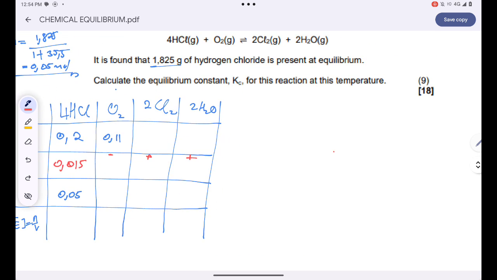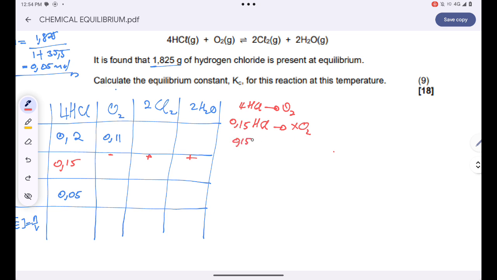I know that I need to use 4 moles of hydrogen chloride with 1 mole of oxygen to form my products. But now I did not use 4 moles, I only used 0.15 moles of hydrogen chloride. I want to know how much oxygen I will need to use.